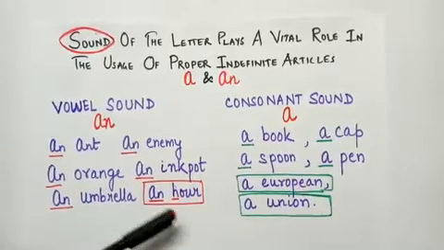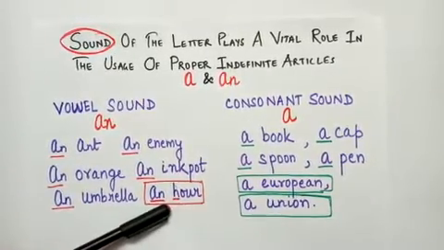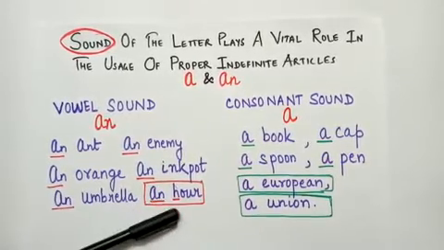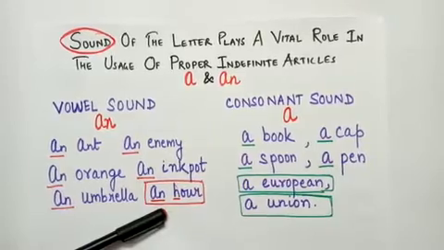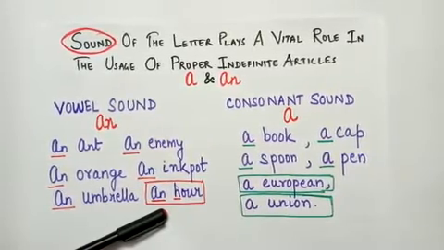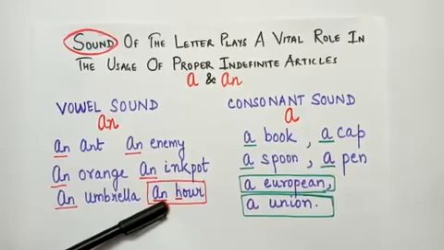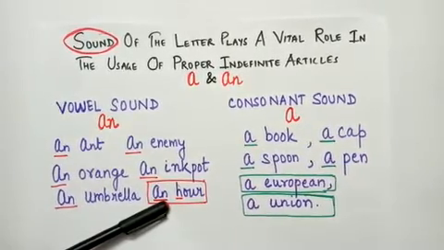That is why the sound of the vowel O is more prominent in this word. So we have used an hour in place of a hour. So this makes it clear that the sound of the letter is more important when we are talking about articles.